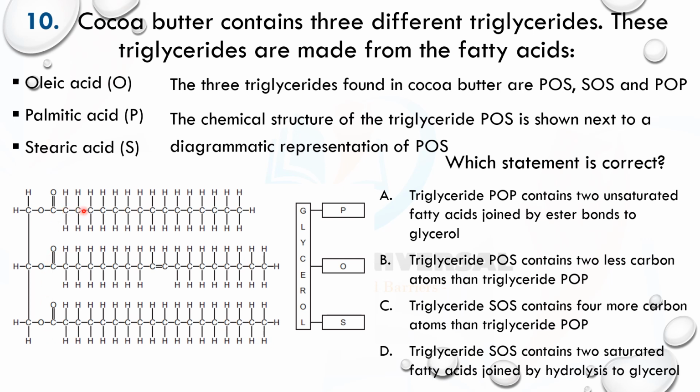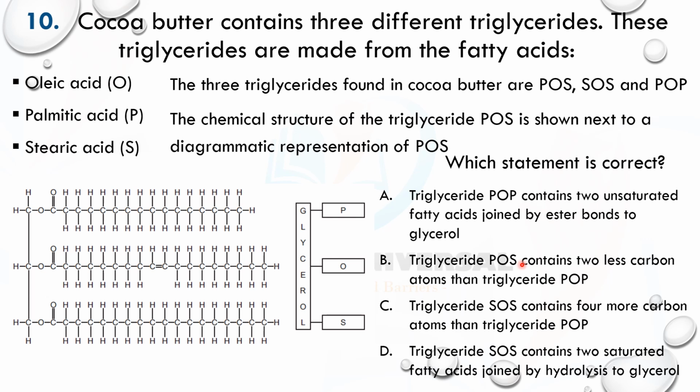1, 2, 3, 4, 5, 6, 7, 8, 9, 10, 11, 12, 13, 14, 15, 16. Now if you count this one, 1, 2, 3, up to 18. So this is 18, and this is also 18. So this is already 2 carbon less. If you remove S here and put P, that means it will be 4 carbon atoms less.